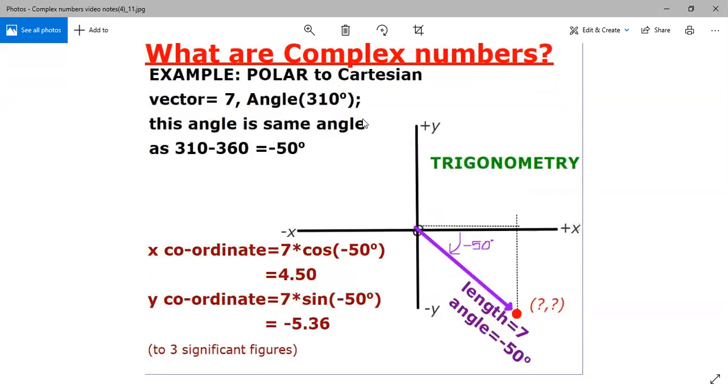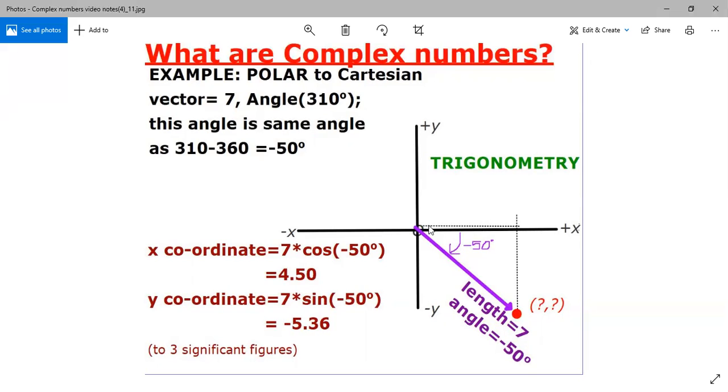If we want to go from polar to Cartesian, how do we do that? Again, we're using trigonometry. If we've got a vector defined as length 7 and its angle is 310 degrees from the horizontal reference, we go round 90 to get to plus y, 180 to go round to that position, 270 to go round to here, 310, we're going round to this vector here and it's got length 7.